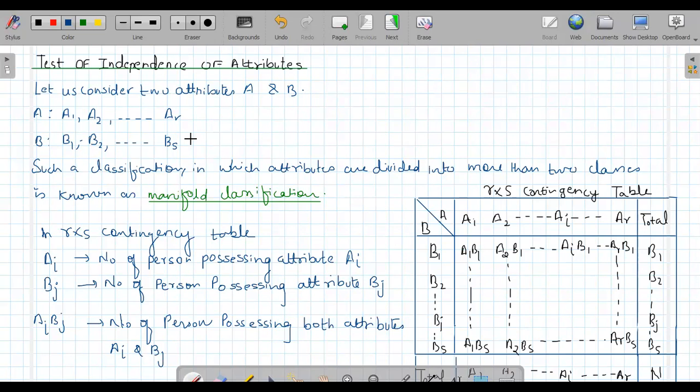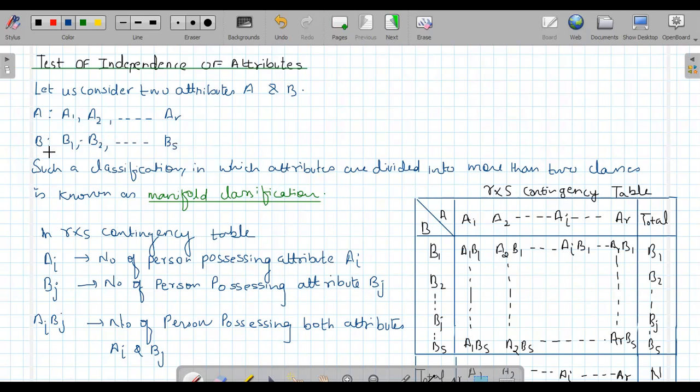Here, attribute means characteristic of people or an object. Like you can take A as IQ level that has different categories like average, below average, poor, very intelligent, intelligent, and you can take another attribute like color of hair: gray, white, brown, black.